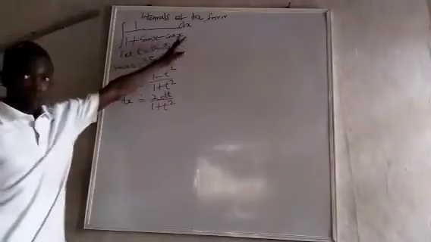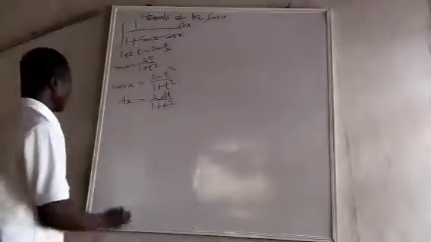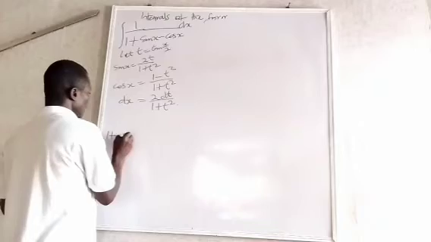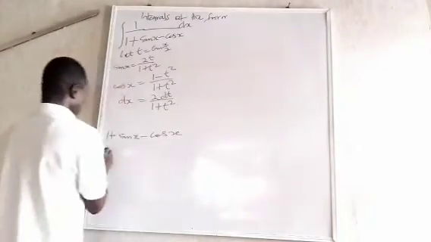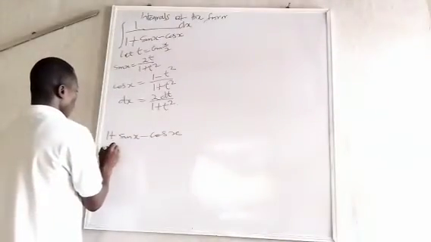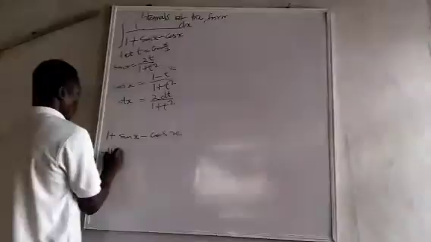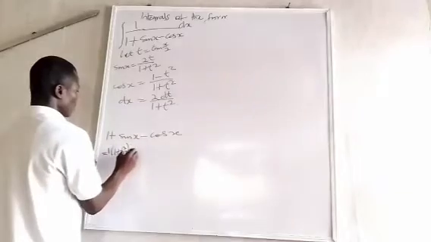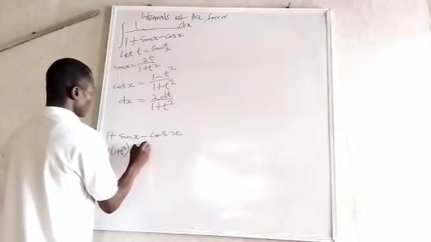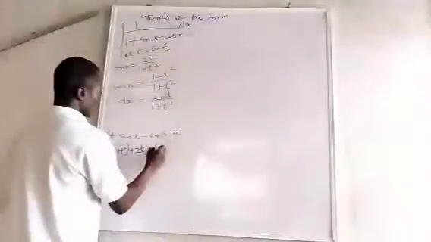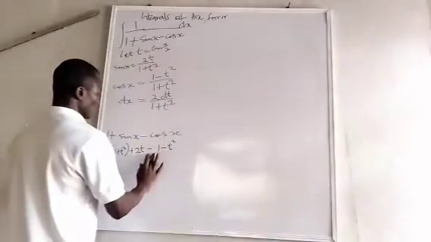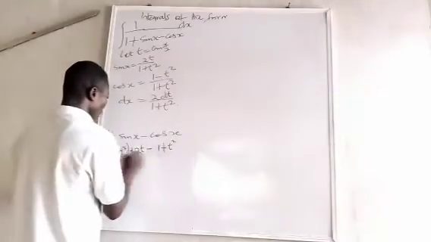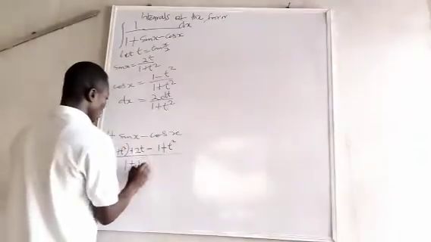Let's first of all work out this denominator. So 1 plus sine x minus cos x will be equal to 1 into 1 plus t squared plus 2t minus 1 minus t squared. So let me do it straight. Plus t squared over 1 plus t squared.